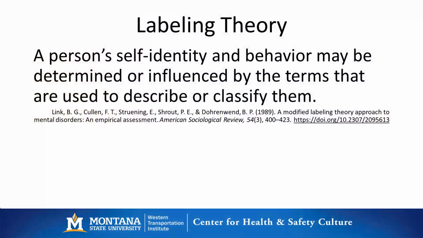Labeling theory suggests that a person's self-identity and behavior may be determined or influenced by the terms that are used to describe or classify them. For example, if I use the label bad kid to describe a child, through that classification, the child starts to identify and behave in ways that reflect that label.